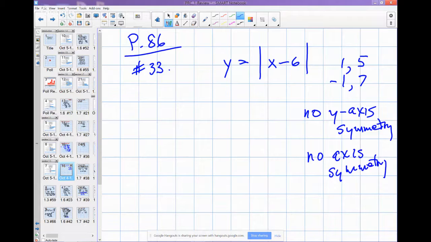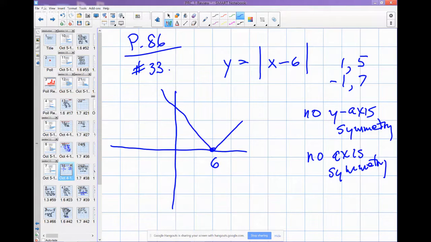Okay. By the way, there actually is some symmetry on this one. Let's just say, I don't have room, so I'm just going to say this is 6 on the x-axis. This is what the graph looks like. So you can see, is there y-axis symmetry? No, because if this was the reflection point, I don't have mirror symmetry.